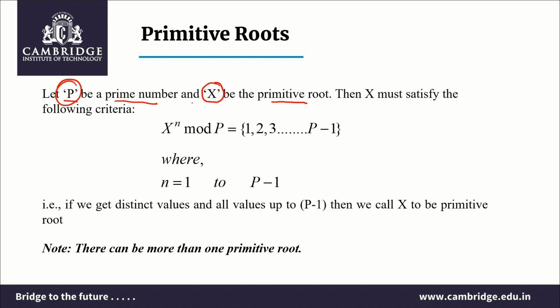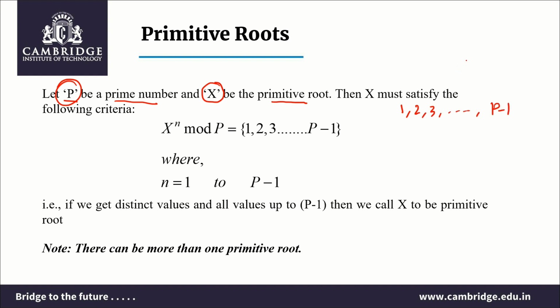If I want to say that x is a primitive root of p, then what condition must x satisfy? x power n mod p should give results such that I get values from 1 to p minus 1.